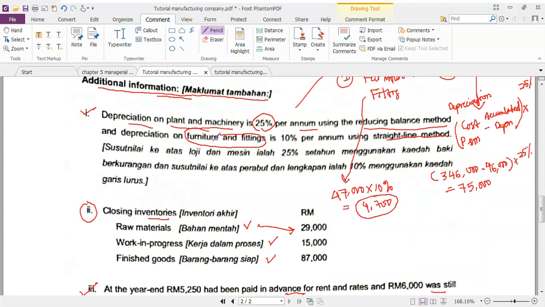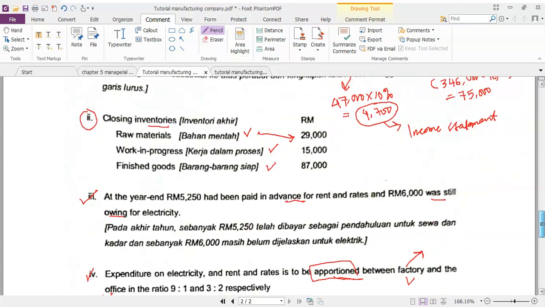Kita perlukan ke untuk nak buat produk furniture and fitting? No, right? So that's why we should not include depreciation on furniture and fittings in the factory overhead. But then we just put this depreciation in the income statement. Kita kena masukkan dalam income statement nanti.